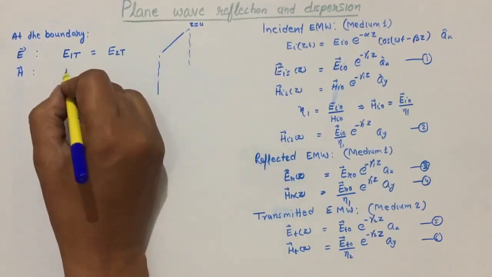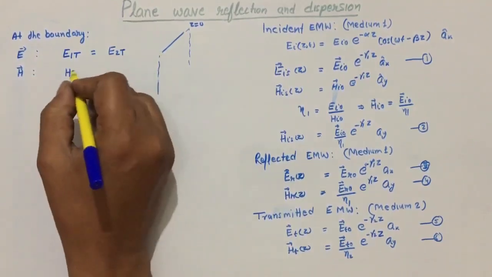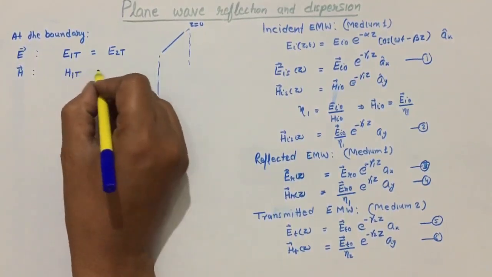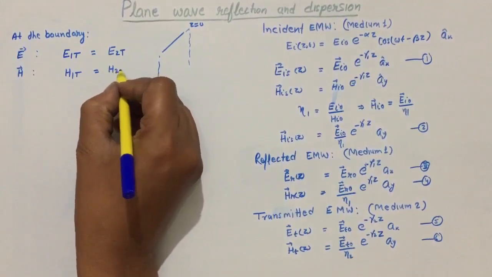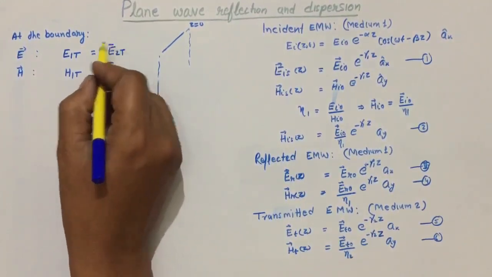Similarly, when it is source free, there is no charge at all, then in that case H1t will be considered equal to H2t.